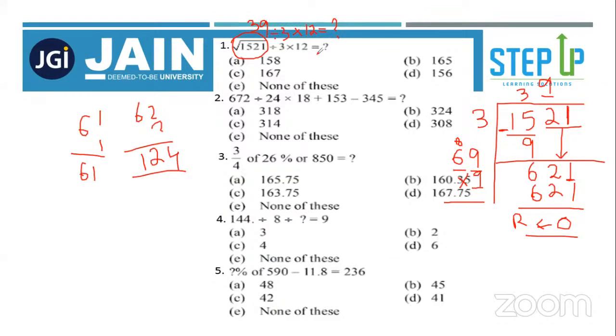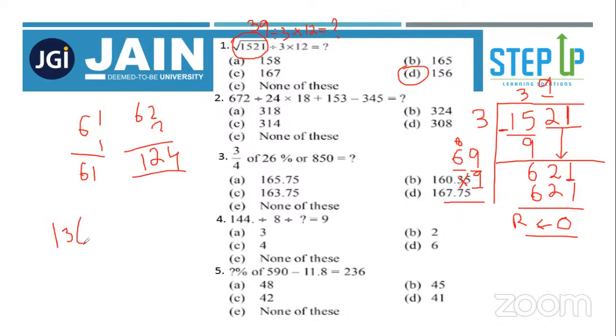Okay. 39 divided by 3. No, 13, not 12. 13 times 12. Yes, 13. 156. Yes.